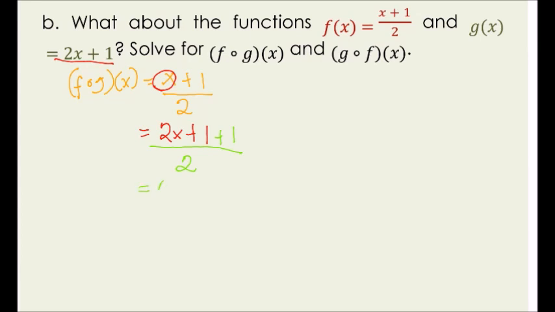We get 2x and then 1 plus 1. That will give us 2 over 2. We can factor the numerator: 2 times the quantity x plus 1 is the same as 2x plus 2, over 2.